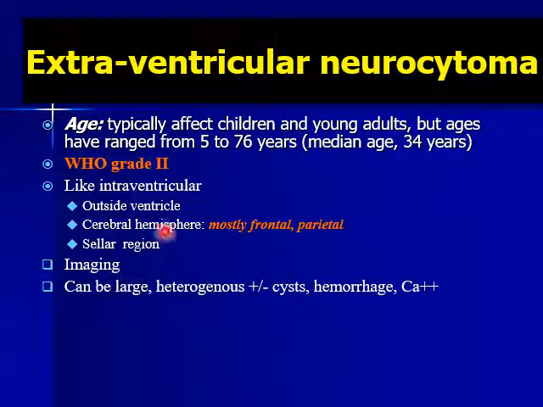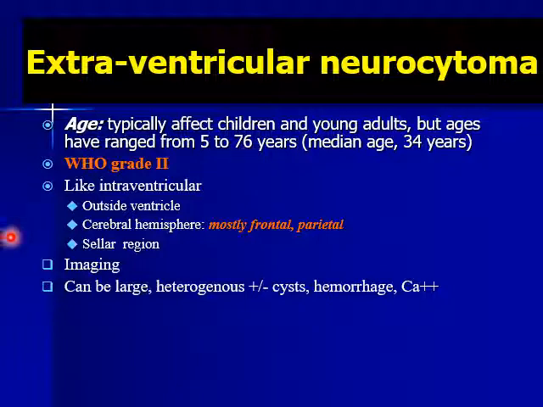Some rare tumors have been added to the WHO 2016, what's called extraventricular neurocytoma. You remember intraventricular neurocytoma? It is the same but affecting the parenchyma as a diffuse lesion, typically seen in children and young adults, but it can be seen up to 76 years old.